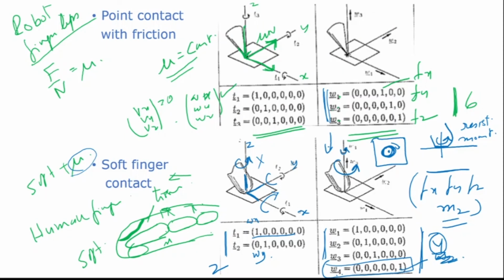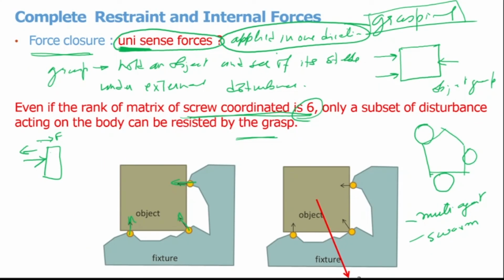Because at most there can be 6 degrees of freedom, 6 forces, 6 moments. So if the rank of the screw coordinate matrix is 6, even then only a subset of disturbances acting on the body can be resisted by the grasp. This means that in this left side figure, this grasp in a way is not stable.